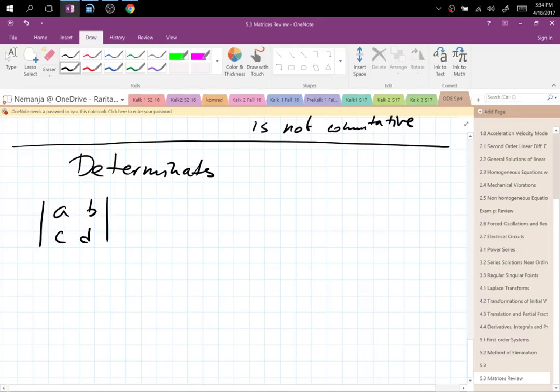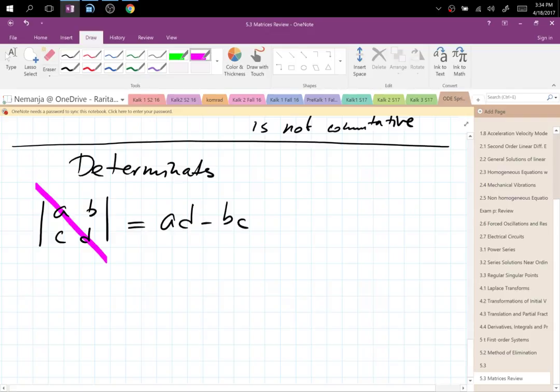So the matrix should have those brackets, right? That's the matrix. If A, B, C, D would just be the matrix. But if you don't use the square brackets, if you just use the vertical bars like absolute value, that means the determinant of the matrix, which means that you are supposed to compute this, and this is equal to AD minus BC.